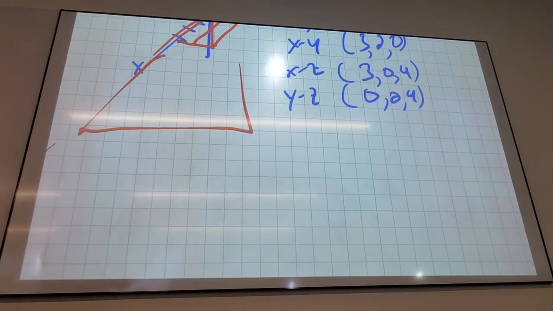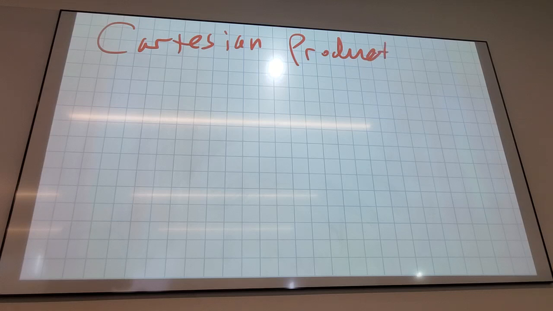There's an idea called a Cartesian product. Has anyone ever heard of this before?